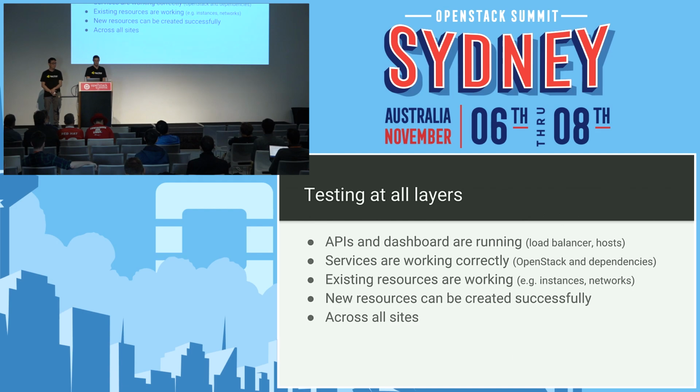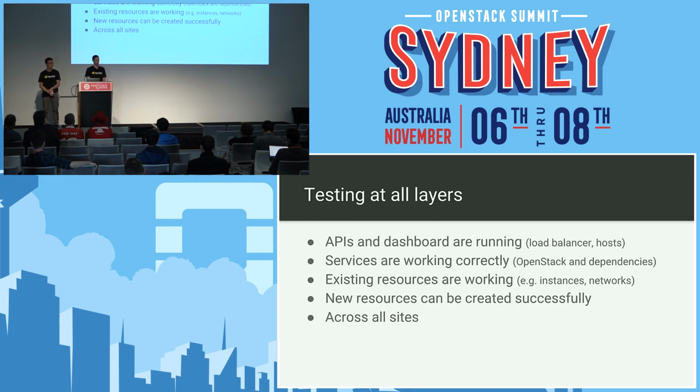We want to test that the services themselves are working correctly, so not just that the port is open and it's accepting connections. We also want to exercise that service a little bit to make sure that it's actually working correctly.